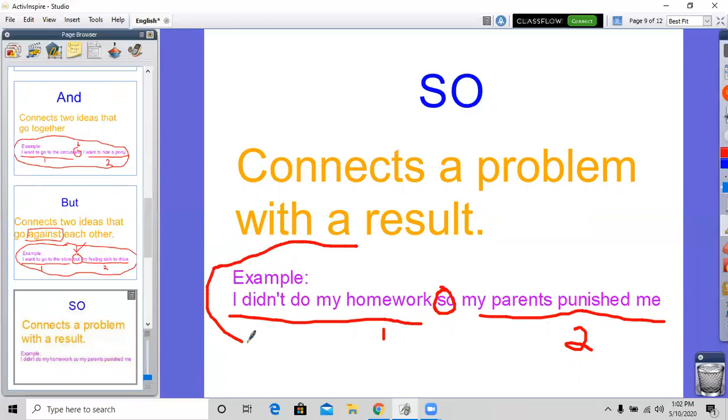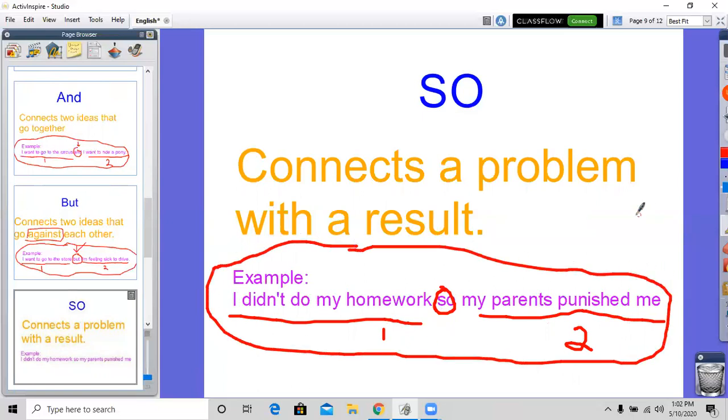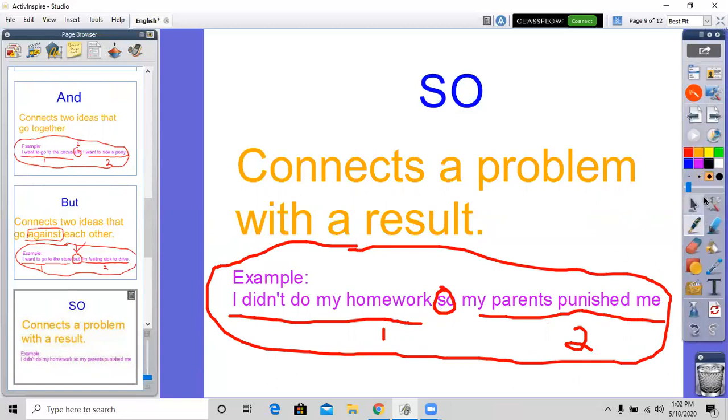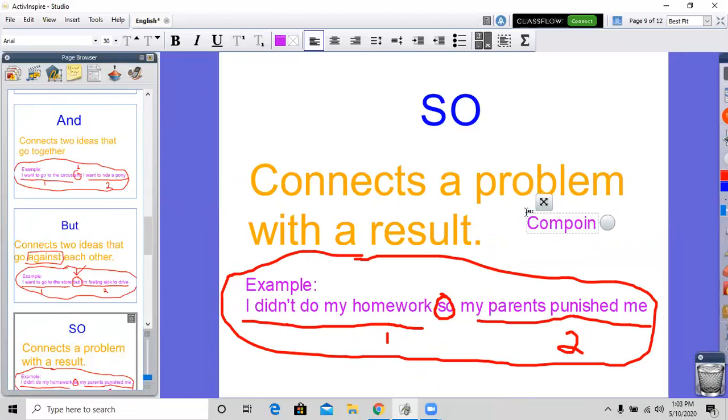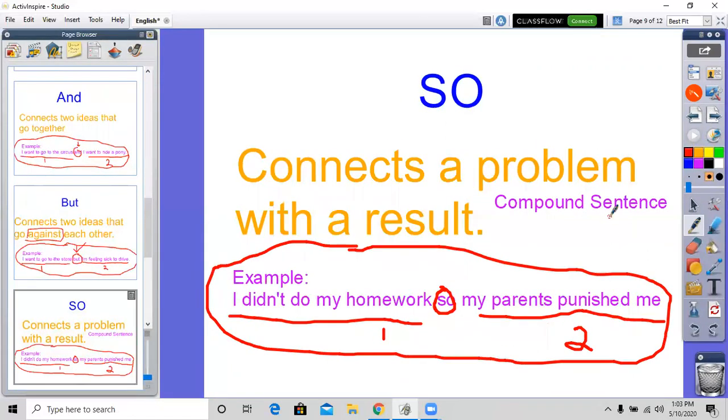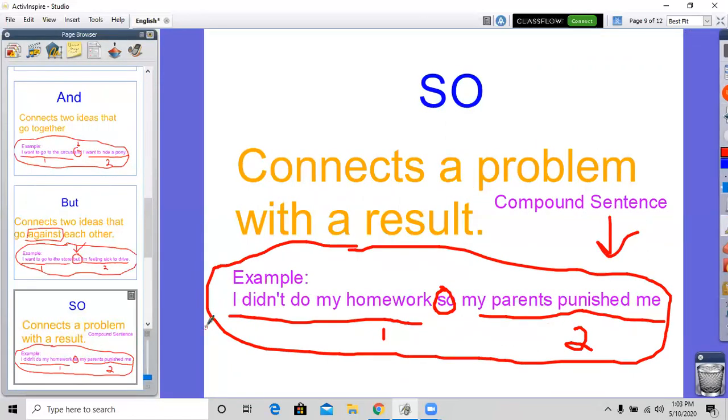What do we call this big massive sentence now? We call it a compound sentence.